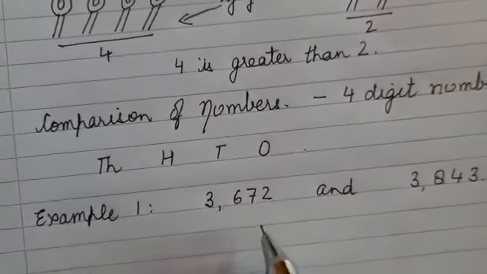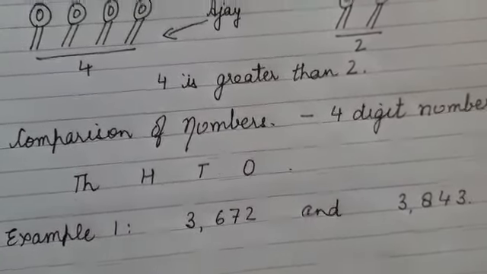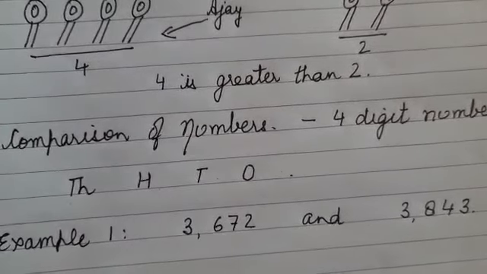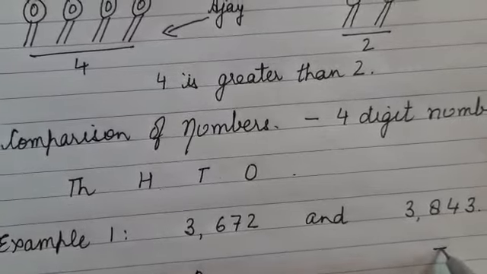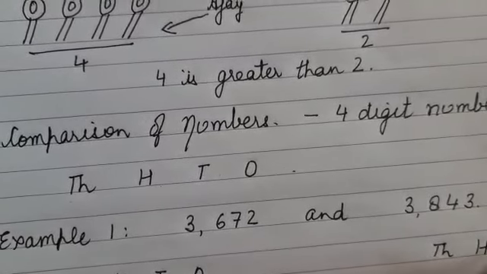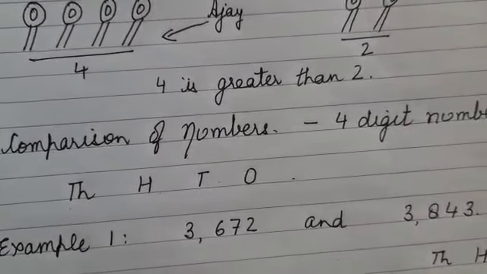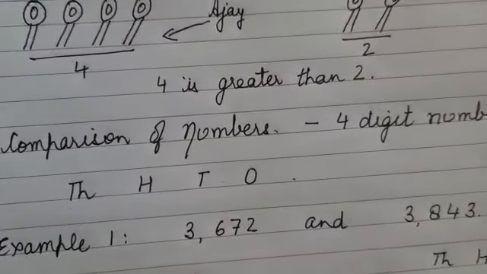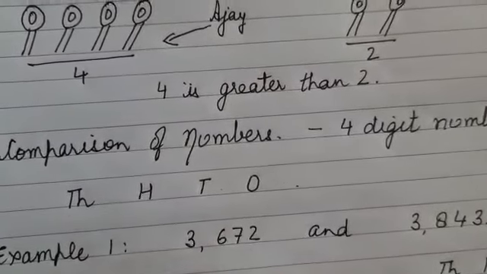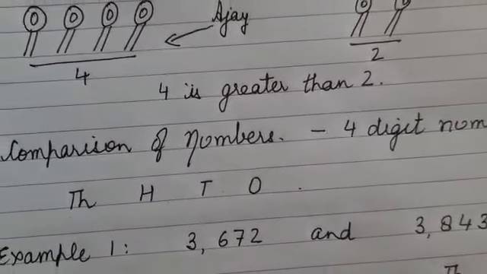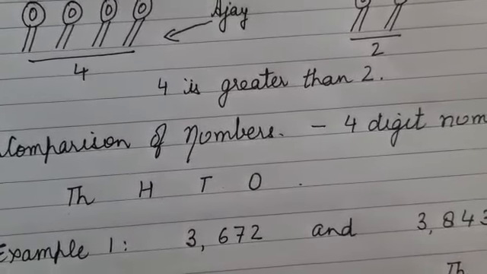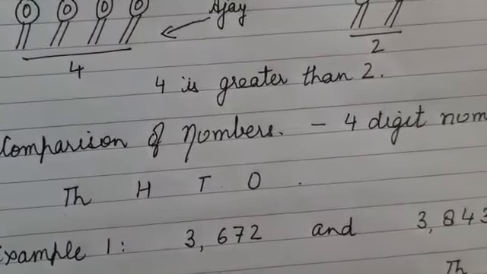First we'll place them under the place value. So this is your 1000, 100, tens and ones. Here also 1000, 100, tens and ones. And we place them in their respective houses. 3, 6, 7 and 2. Here also 3, 8, 4 and 3.